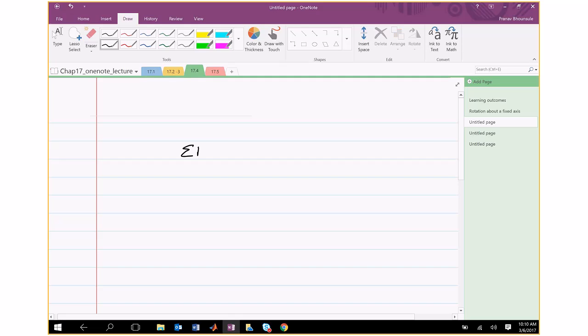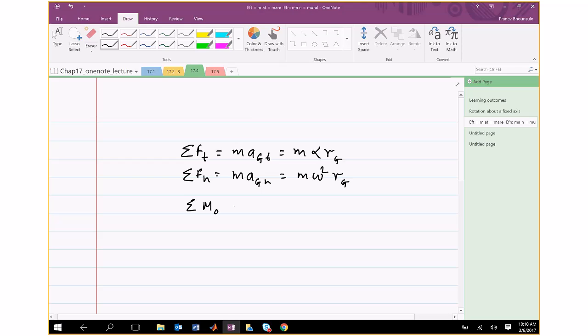So the first two equations remain the same. They don't change. But the third equation now is about the point O, where O was the hinge point.